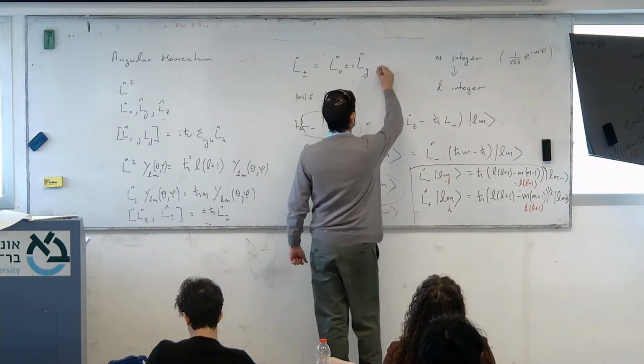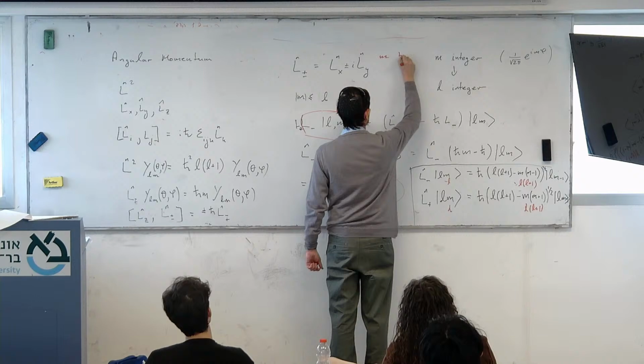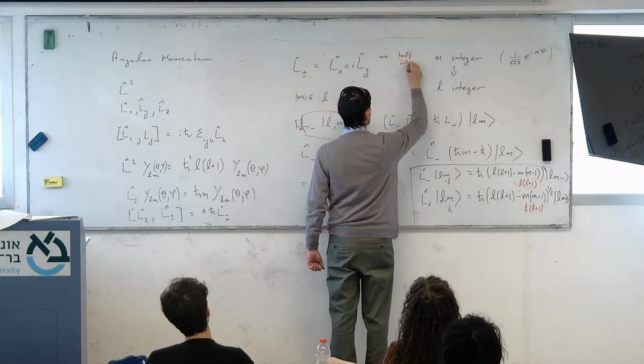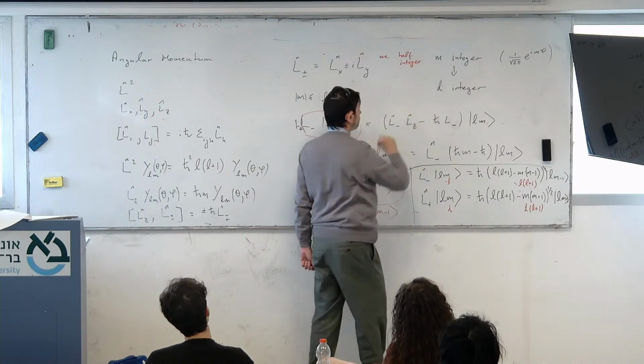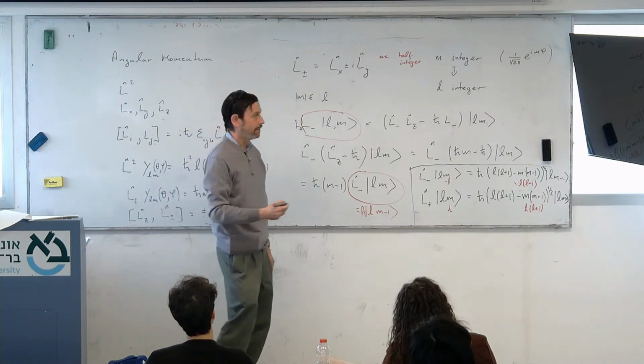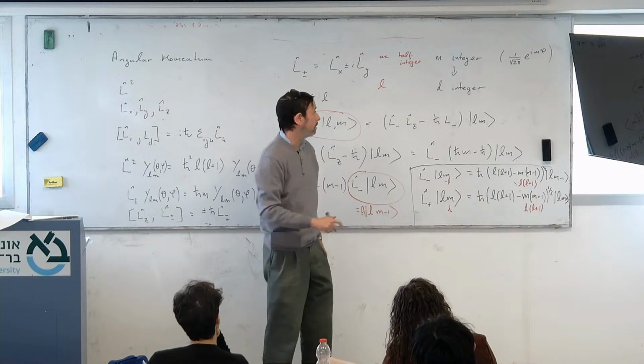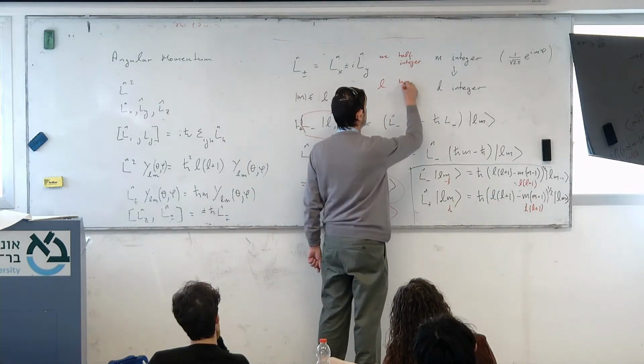But there, m is half integer, and therefore L, which has the same structure as here, is also half integer.